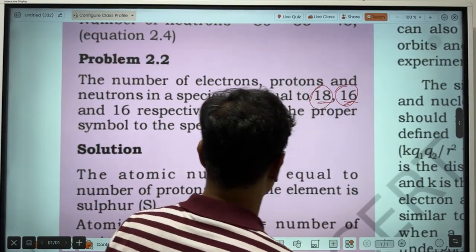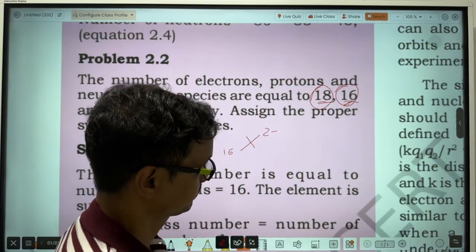So 2 units of negative charge will appear here.